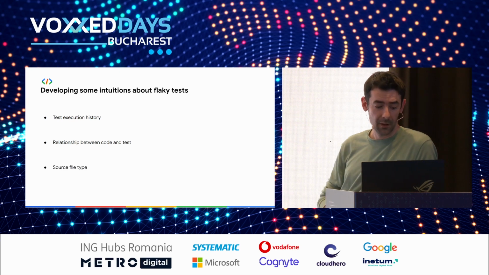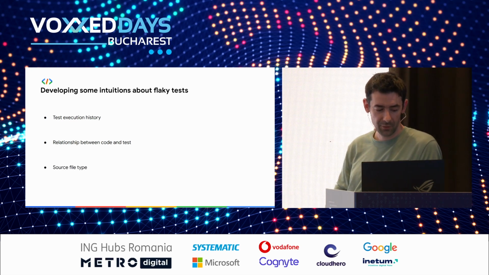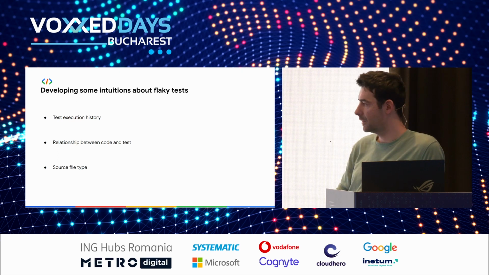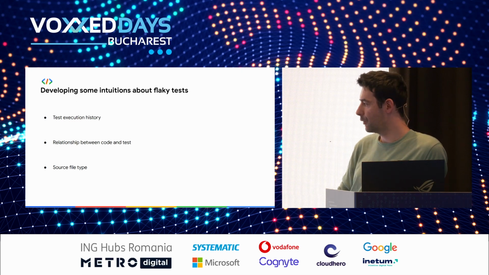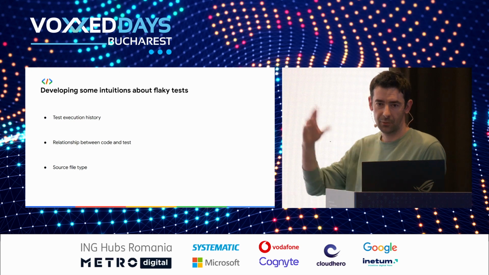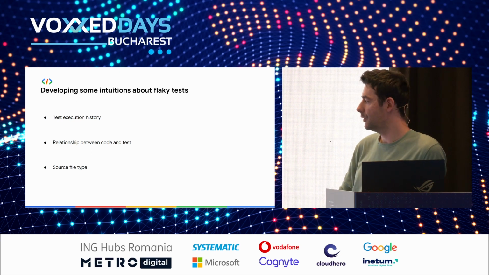Another intuition is, believe it or not, source file type. There are a lot of pull requests, in Bitbucket or GitLab jargon, where you change just a few config files, like a Gradle or build file, and still you have tests that are failing.